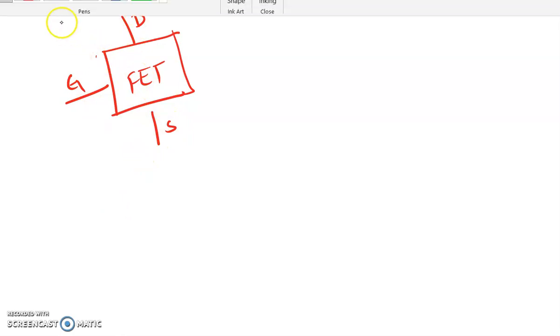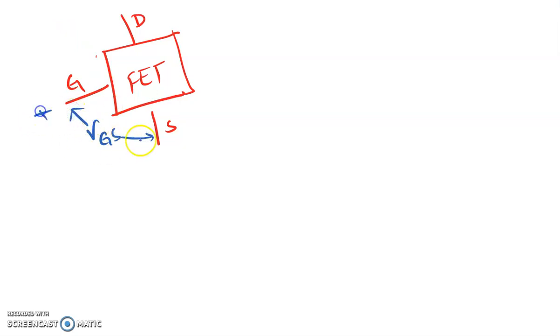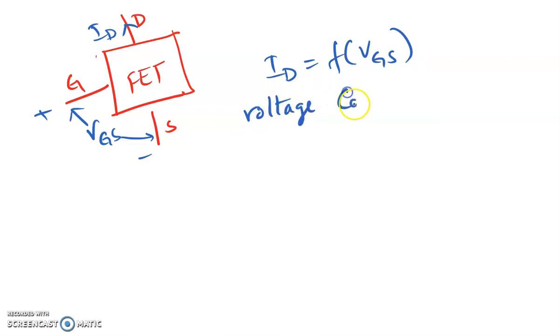In between the gate and source terminals we apply an input voltage called VGS, with plus and minus, and this is the output current ID. This ID is a function of VGS. That means the output current is controlled by the input voltage VGS, the gate to source voltage applied between the gate and source terminals. So that's why the field effect transistor is a voltage control device.